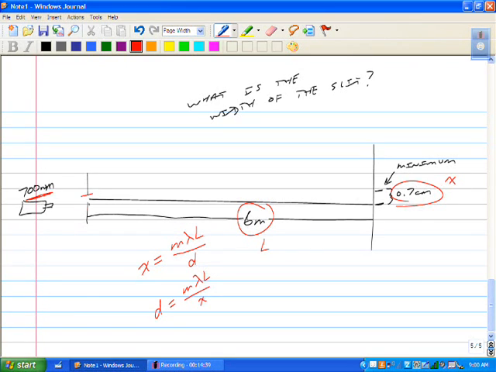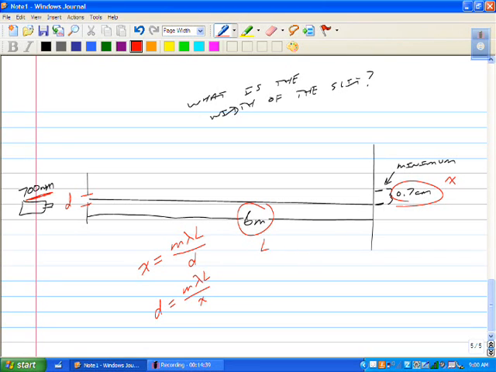And I'm looking for little d. Again, those three distance variables, if you keep them straight, you're in pretty good shape. Actually, there's 4 distance variables, aren't there? The only thing that's not a distance variable is m. That's why it's confusing. But if you keep them straight, it becomes easy.